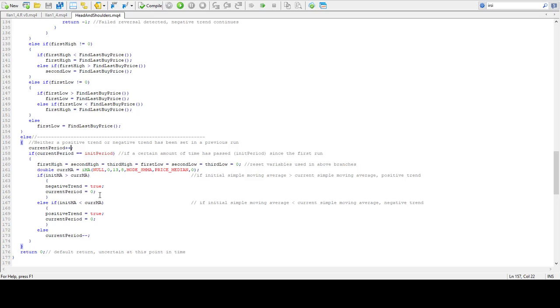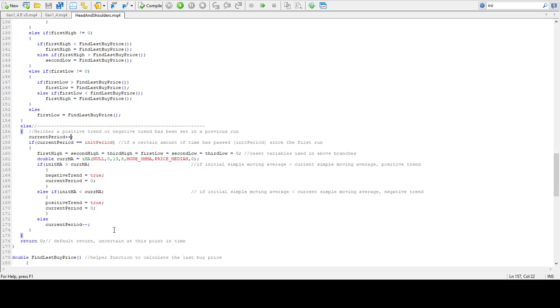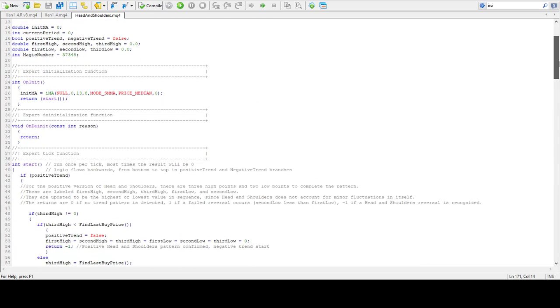We set the current period to 0 and it enters the negative trend branch. If it's less than the current moving average, then we have a positive trend. We set the current period to 0 and we enter the positive trend branch. Otherwise, we just decrement current period by 1 and check again on the next tick.